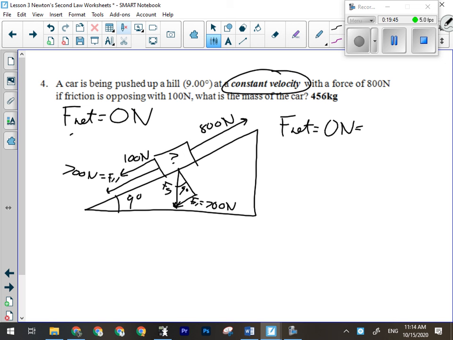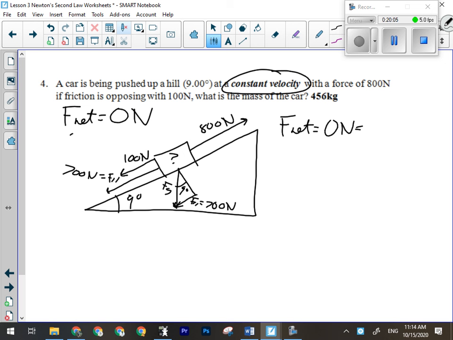But anytime you're asked to find the mass, you're going to have to use the force of gravity to get it, because you won't be able to calculate the net force without mass, using m times a anyway. So you calculate the net force using the sum of all forces and then use one of those forces to get mass from there. That's what's going on in this one.